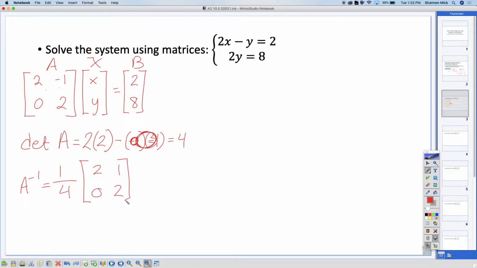So now I distribute this 1/4, yes? My suggestion to you is not to reduce. Does anybody know why I say maybe don't reduce? We'll check it differently than we did yesterday.